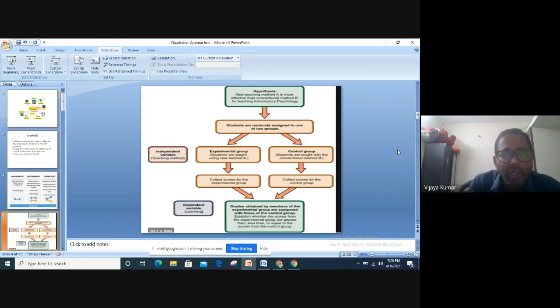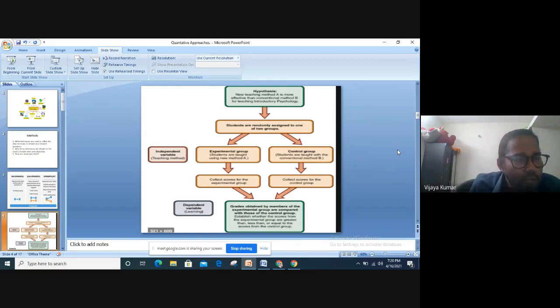Now, there are two terms that every researcher who is working on intervention should be familiar with. Those two terms are called independent variables and dependent variables, because naturally, any researcher working on an experimental design should know what is an independent variable and what is a dependent variable.